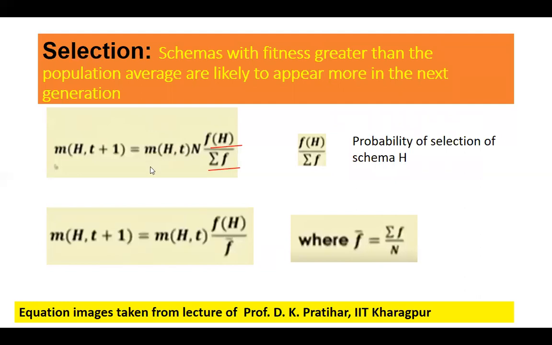If we know how many strings follow a particular template H at the t-th iteration, then we can find out what will happen to the schema H in the next iteration using this expression. m(H,t+1) is nothing but m(H,t) multiplied by N, the number of strings in the population, multiplied by f(H) divided by the summation of f.